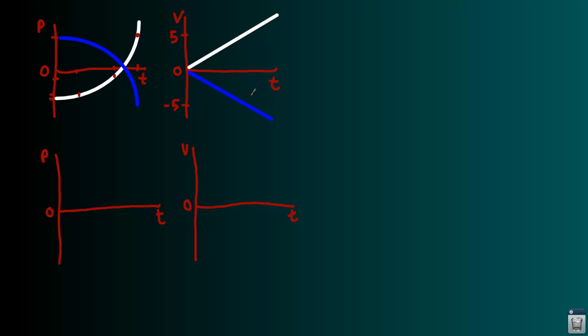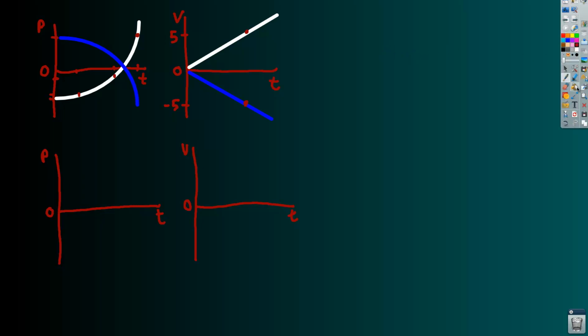So our speed here and our speed here are the same. We're both going 5 meters per second, let's say, if our units are meters and seconds here. But the negative tells us we're going in the negative direction at 5 meters per second. And here we're going in the positive direction at 5 meters per second. This tends to be tricky to think about, but you need to get that clear.